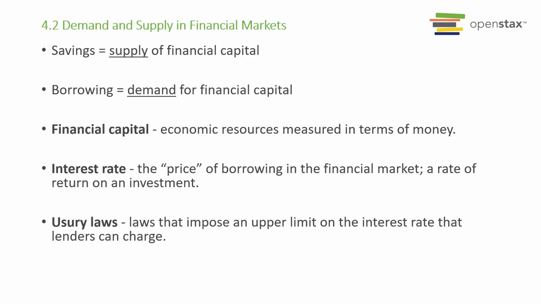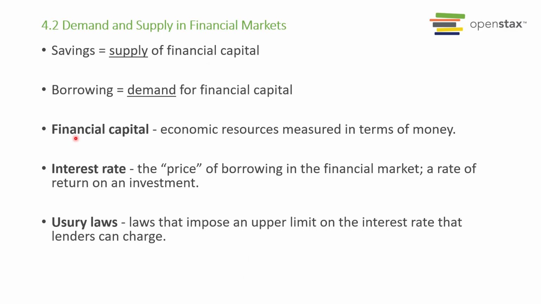Okay, now let's switch gears a little bit to the financial markets. All right. So here we're going to apply a similar type of supply and demand model to the financial market. The financial market is where savers and borrowers get together and exchange something called financial capital.